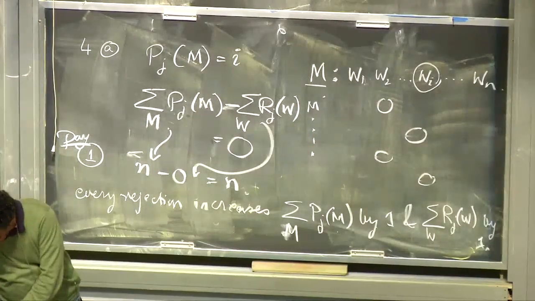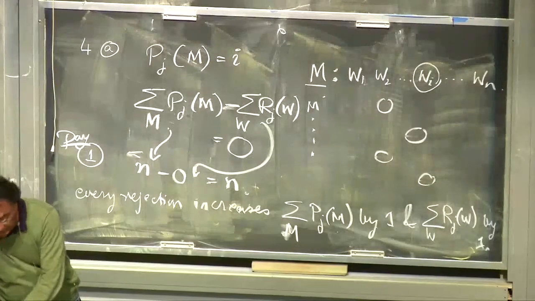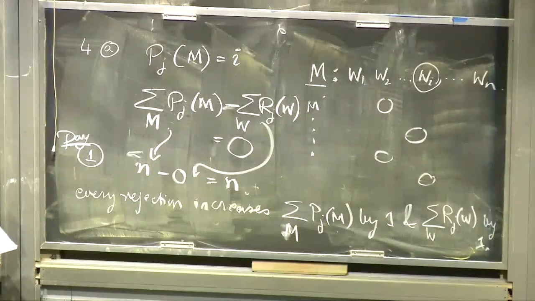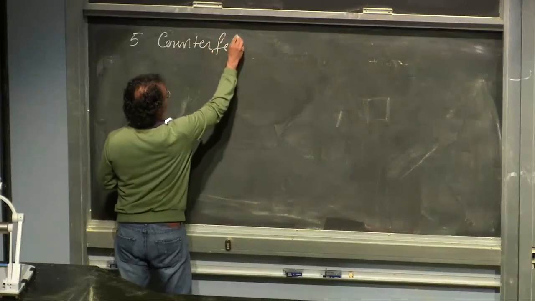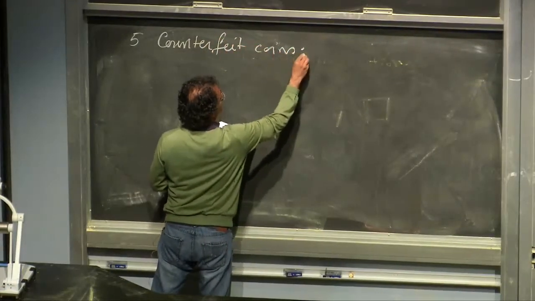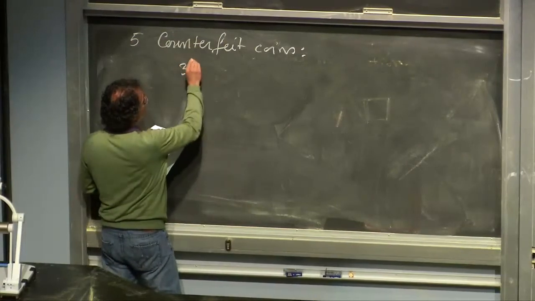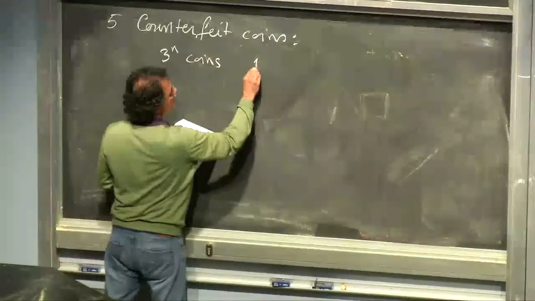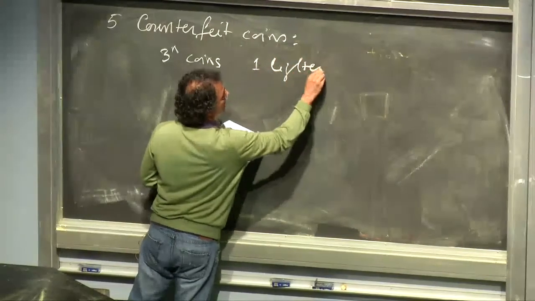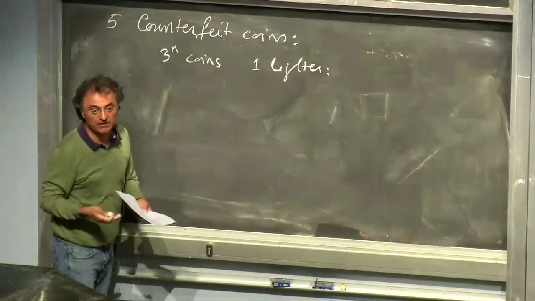Okay, I'm going to skip on to number 5, which is counterfeit coins. So this said you have 3 to the n coins. One is lighter, and you want to determine which one in n weighings.